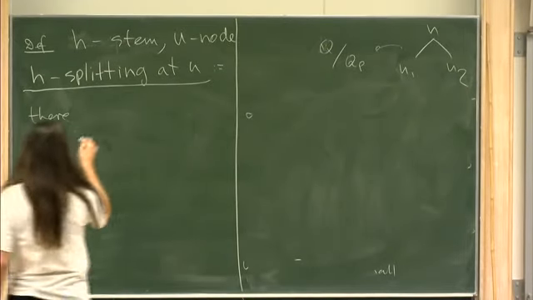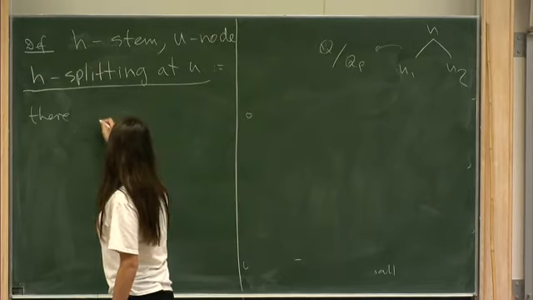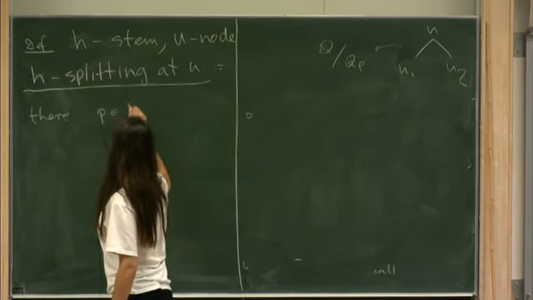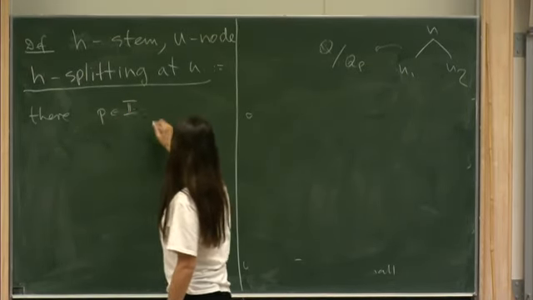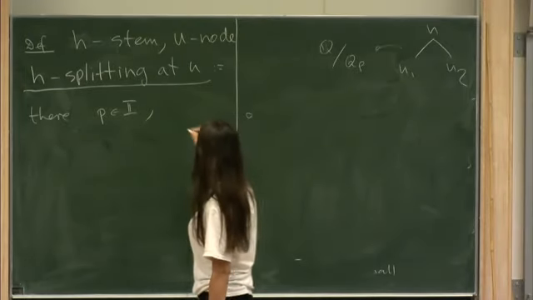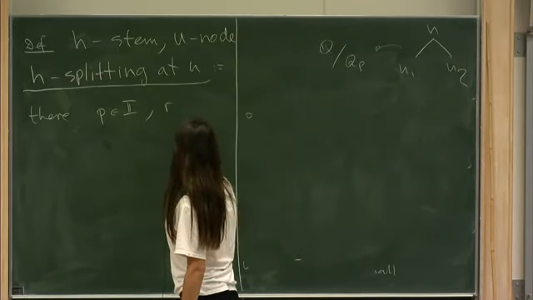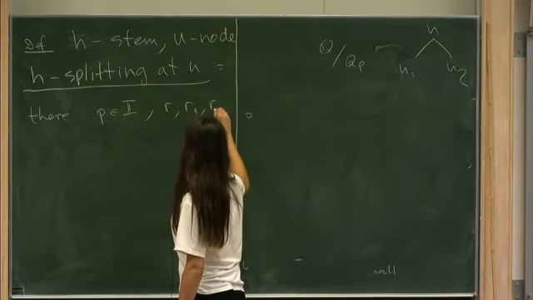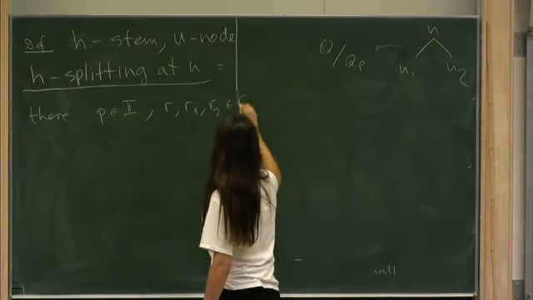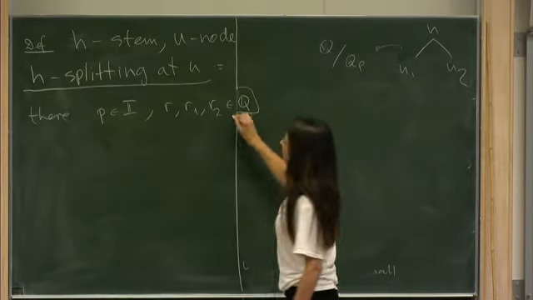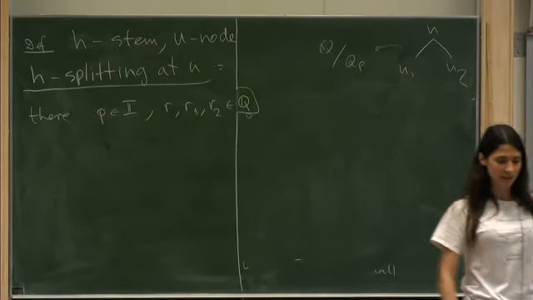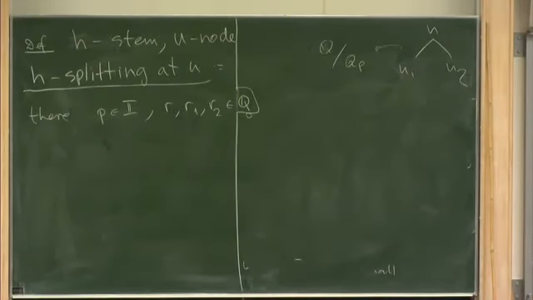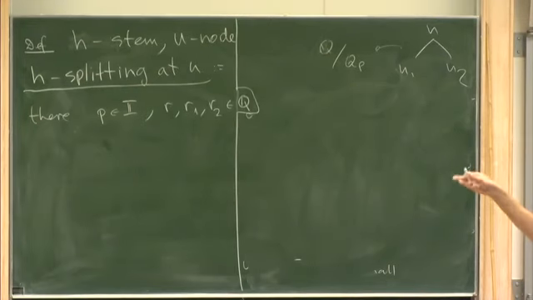If there are conditions p in I, R1, and R2 in Q, so this was recalled, the underlying set, this is the third coordinate of all of these mutual type forcings, R star, Rp.